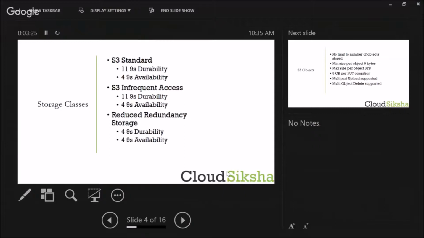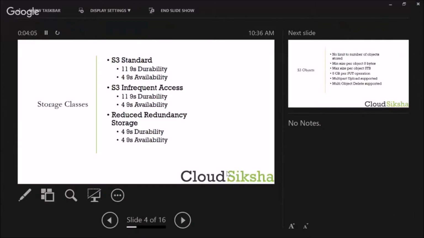Now, these are important for you to know. As you can see, the most safe storage and storage which can be accessed at any point in time would be the standard storage, because it has a 4 nines availability and 11 nines durability. Suppose you are not accessing files often enough, then you can use infrequent access class, whenever the files have to be accessed only once in a while.